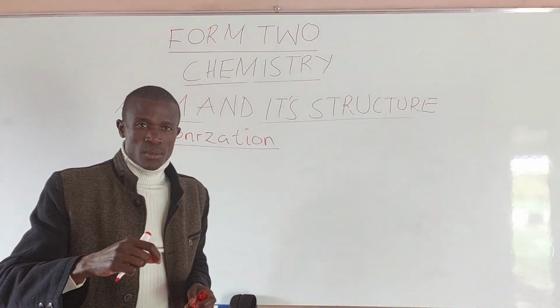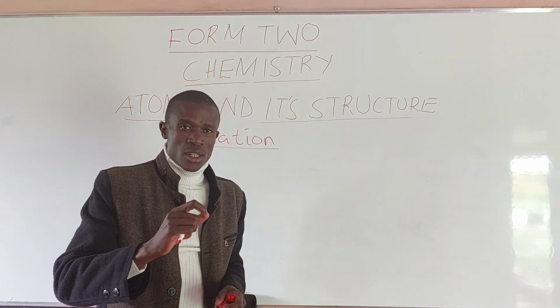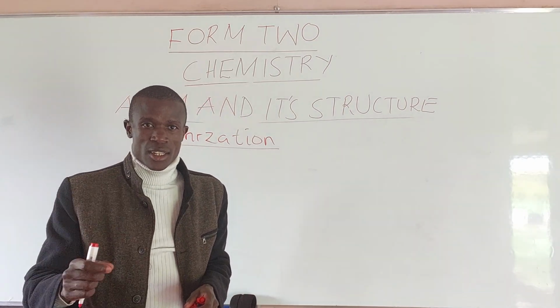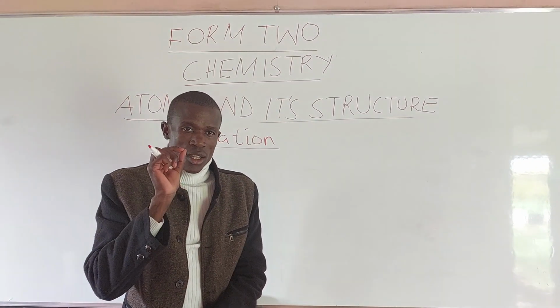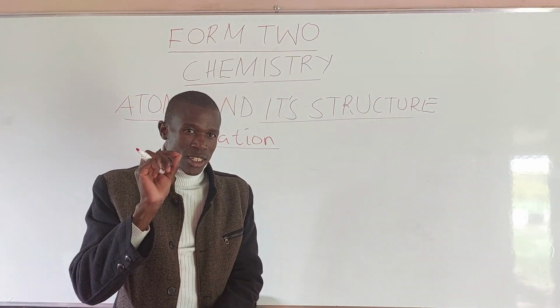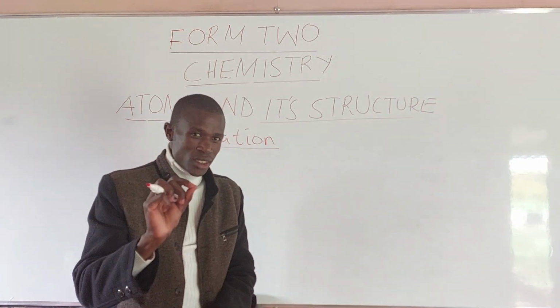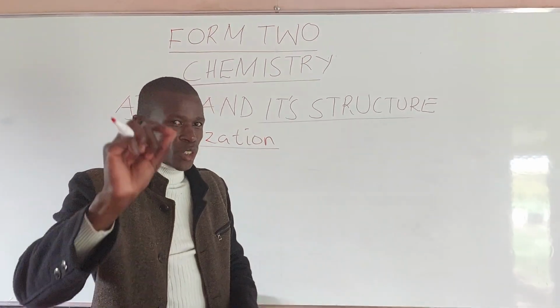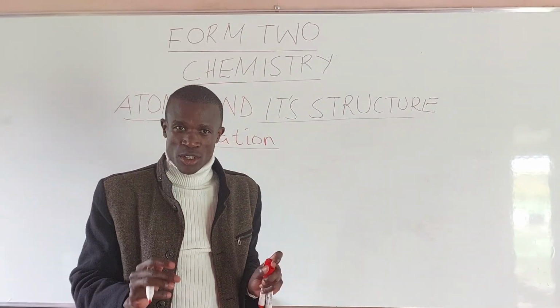An atom can lose an electron. An atom can gain an electron. Is it true? The atoms that can lose electrons, not just any electrons but the outermost electrons, are atoms from metals.